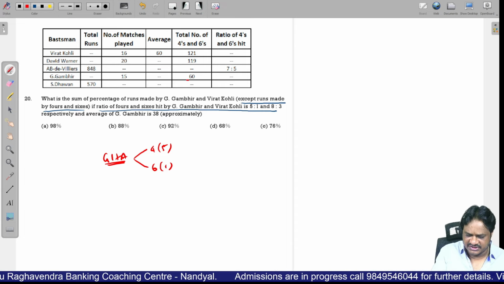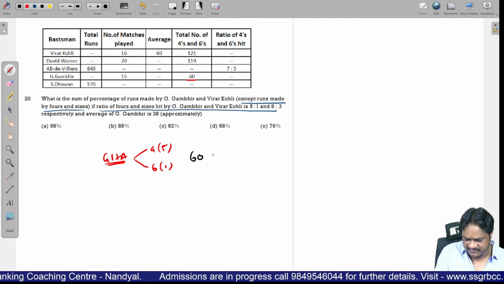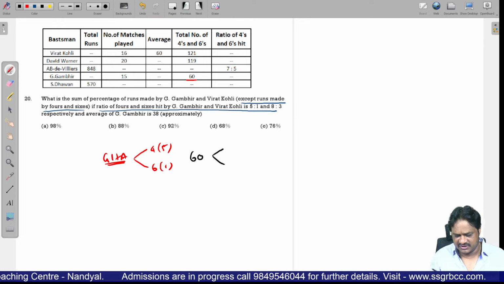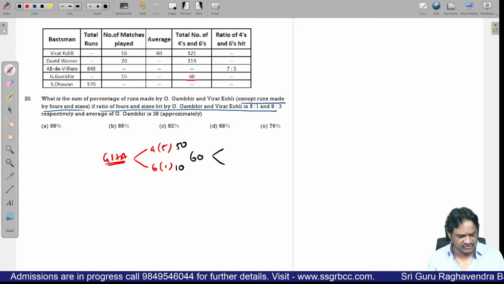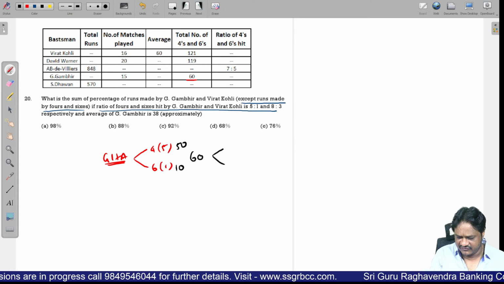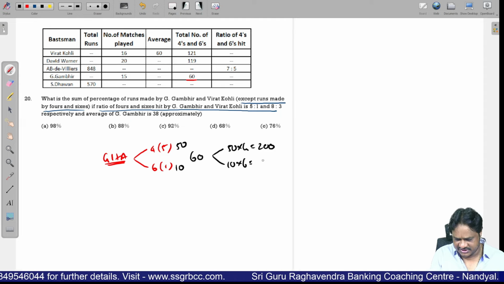Gautam Gambhir is hitting 60. In this, 5 plus 1 is 6. So he is hitting 50 fours and 10 sixes. 50 fours means 50 into 4, 200. 10 sixes, 10 into 6, 60.